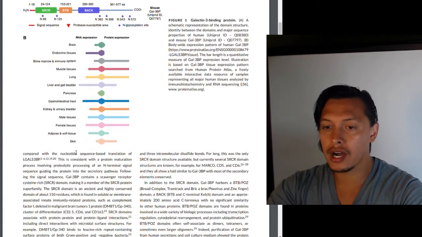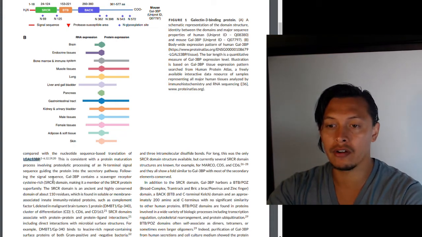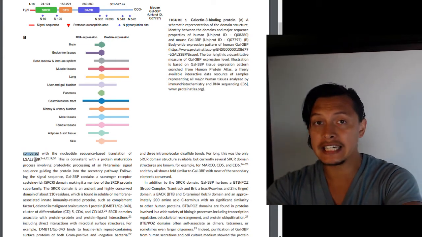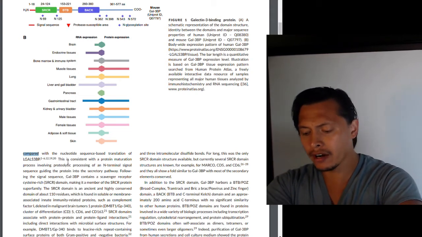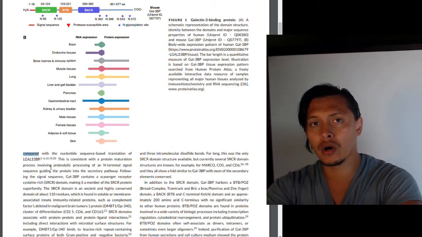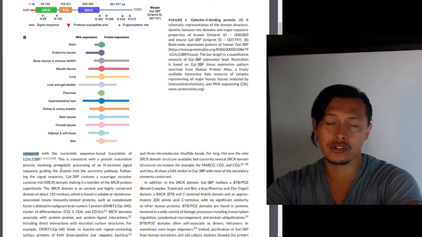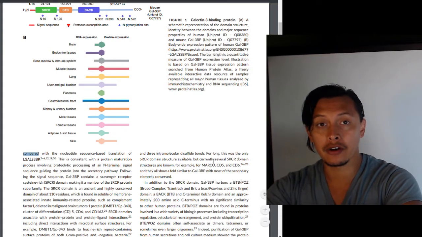as compared with the nucleotide sequence-based translation of LGALS3BP. So we can figure out, based on the DNA of a gene, we can pretty much do a really good job at determining what the amino acid sequence should be when it is first transcribed into mRNA and then translated into the final protein.